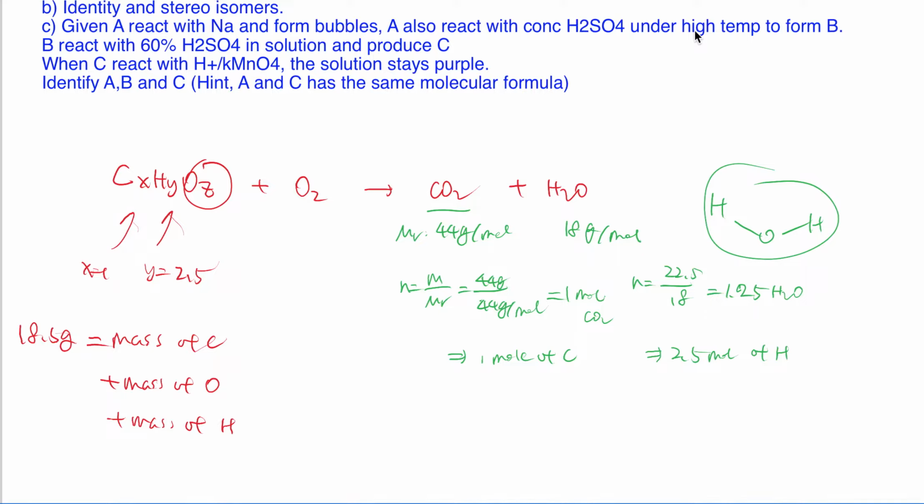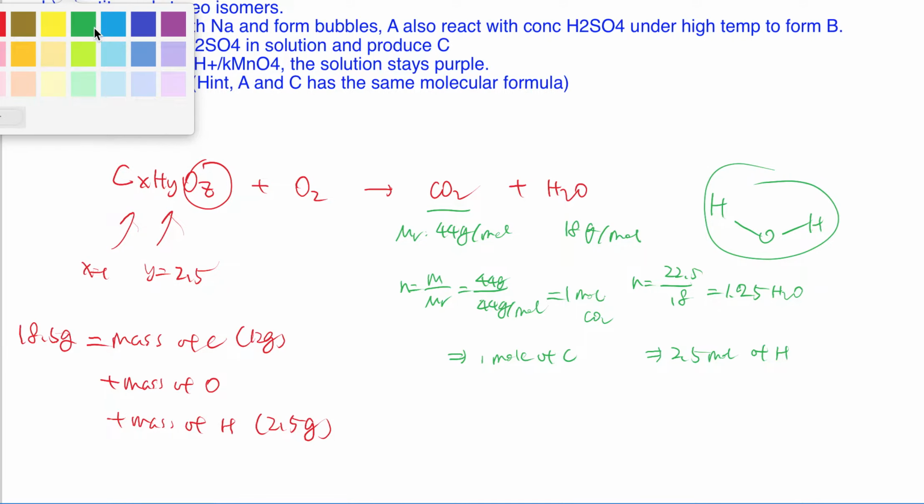Mass of carbon, we worked out already. You have 1 mole of carbon, which means 12 grams. And you have 2.5 moles of hydrogen. Each mole of hydrogen is 1 gram, so 2.5 moles is 2.5 grams.